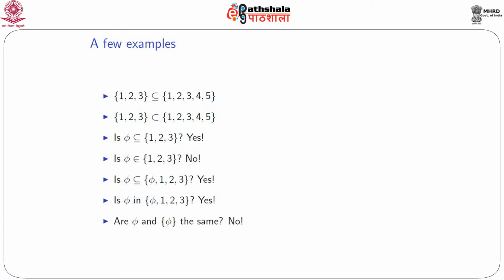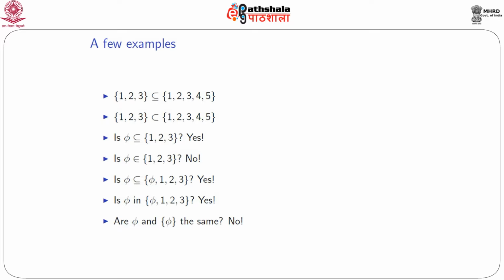If this question is asked, whether phi is a subset of a set which contains phi, 1, 2 and 3, the answer is yes, because phi is a member there, and moreover the set on the right hand side consists of more elements, and the condition is satisfied.